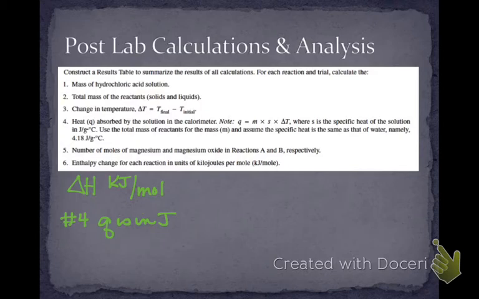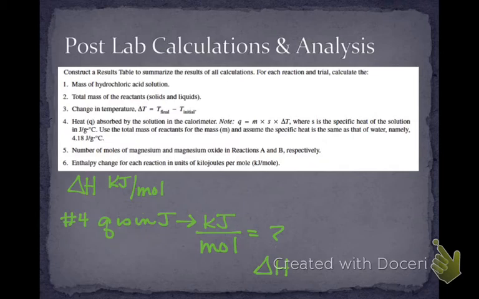So what you're going to need to do is convert your answer in number 4 to kilojoules. So you're going to do a conversion there. And then you're going to divide that by the moles that you calculated in number 5, and you're going to get a value for delta H. So that's what you're going to do in number 6, and then you're going to put that in your data table.